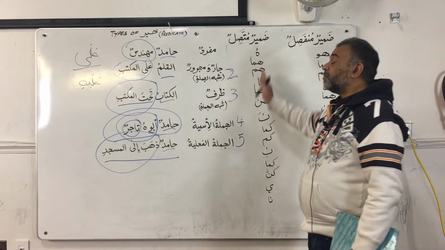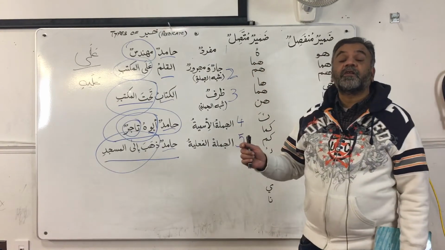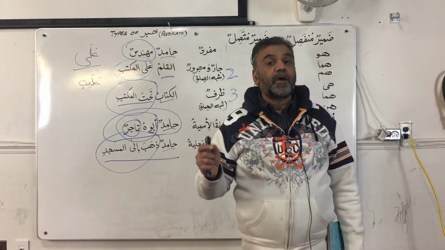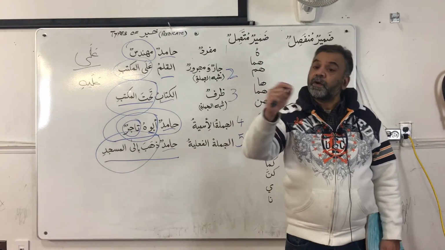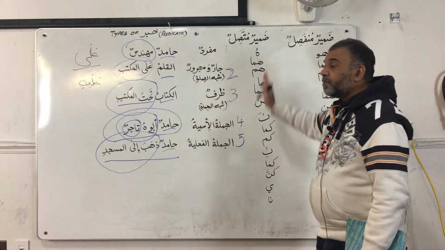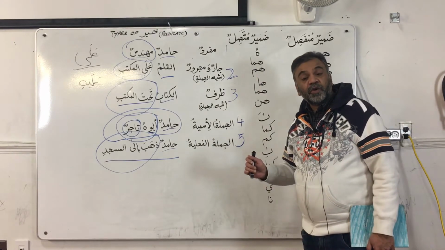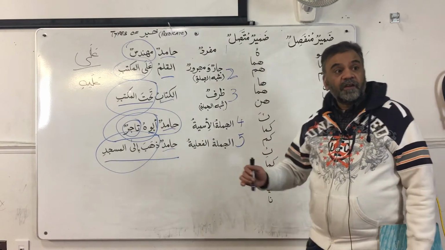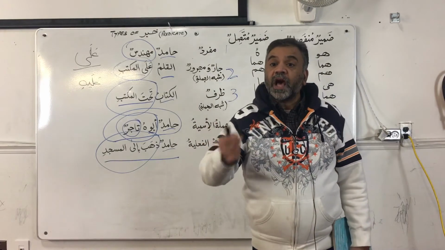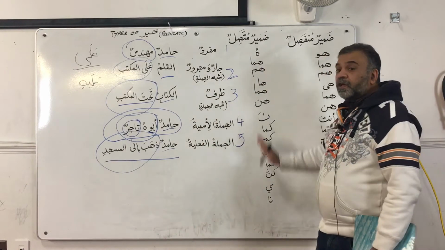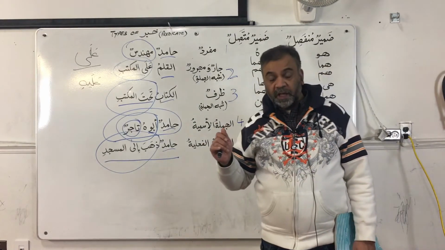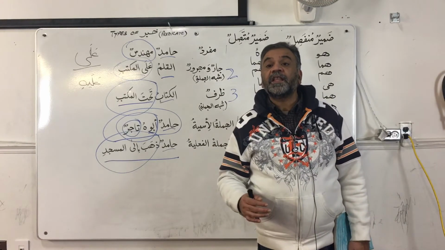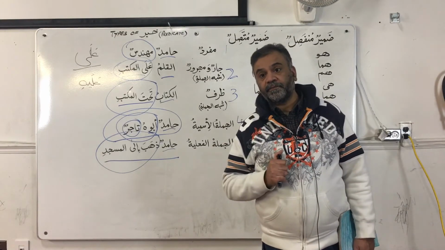When they attach with a harf jar, the compound is jarun wa majrurun. When they join with a zarf, they will be mudaf alayh. When they join with a verb, they will be maf'ulun bihi, object.